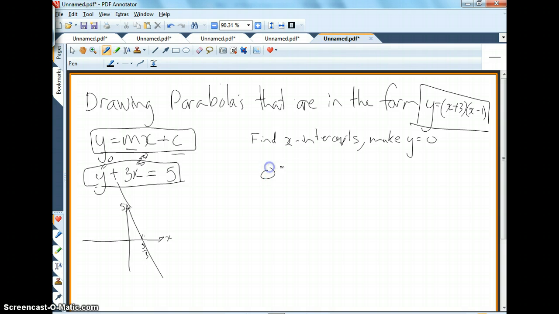Watch what happens. X plus 3, x minus 1. Not a lot happens, right? But maybe from solving quadratics, and if you've done your holiday homework, you'll know the answer to this. Answers are -3 and +1. Brilliant. One person's done their homework.